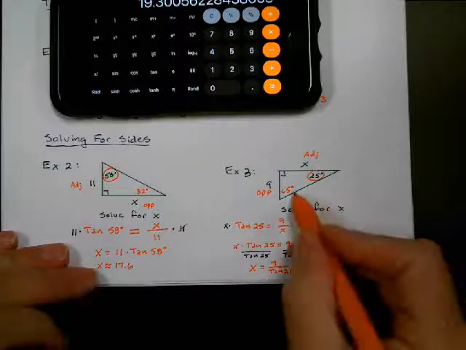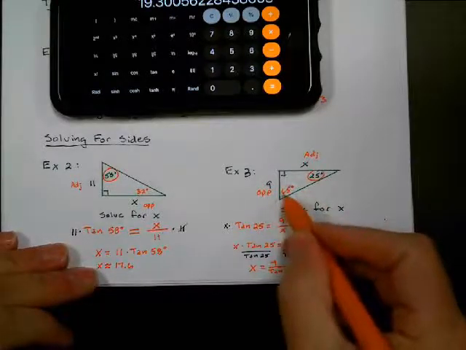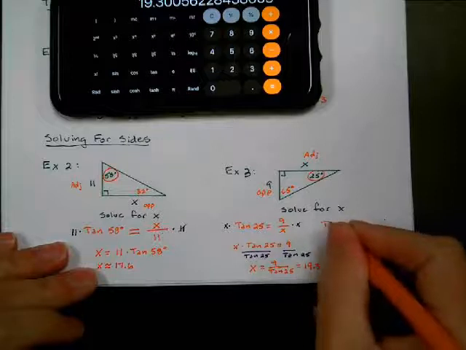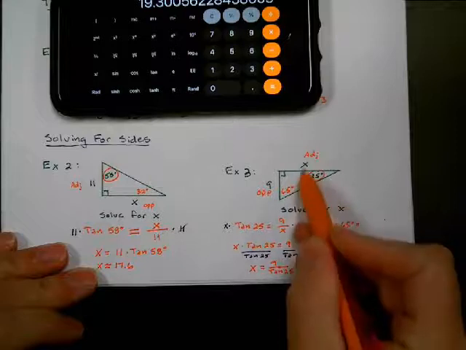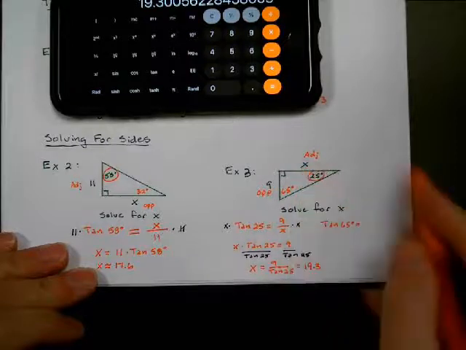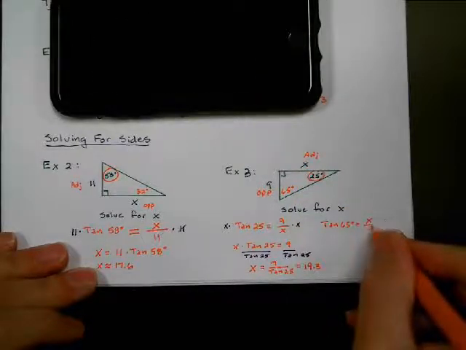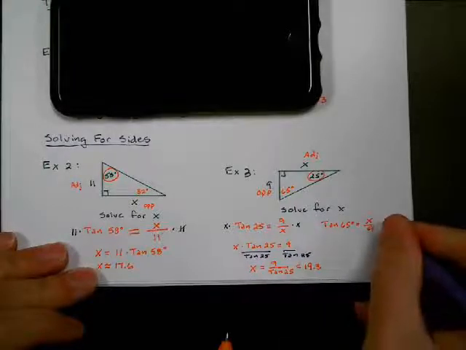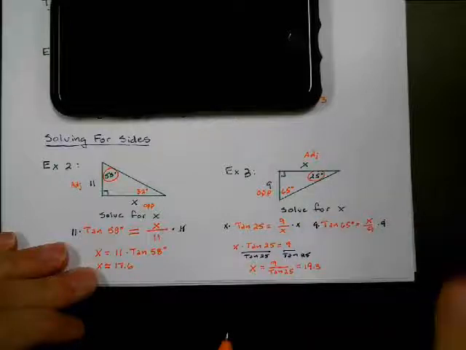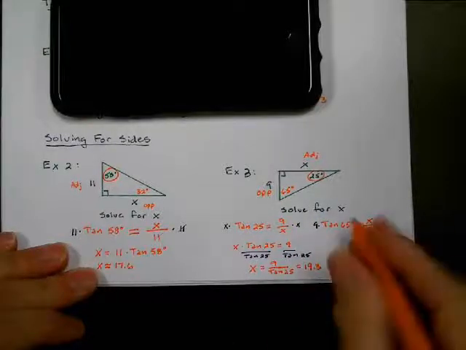And I could have done the tangent of 65 degrees. Now this one becomes the opposite. So now we get x over 9. And then I can just multiply both sides by 9. And I get x is equal to 9 times the tangent of 65.